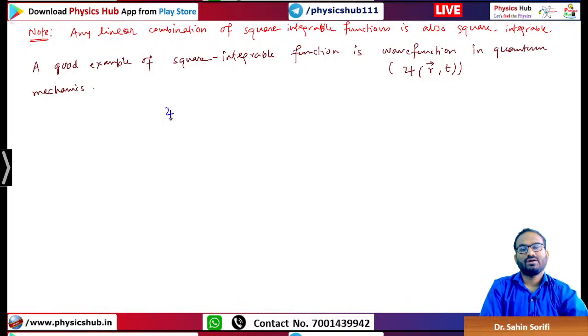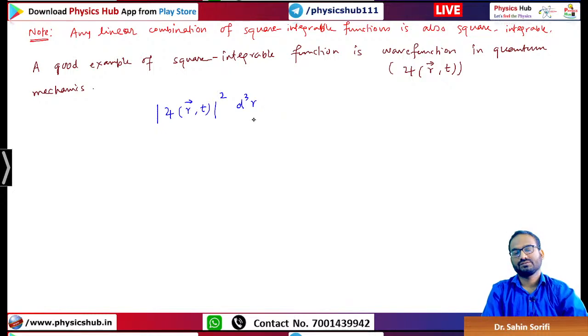So psi of r, t mod square d cube r. What does d cube r represent? It represents the volume. Because we are considering 3 dimensions, we cannot say it is dx. dx is for 1 dimension. When we use d cube r, we are talking about some infinitesimal volume.